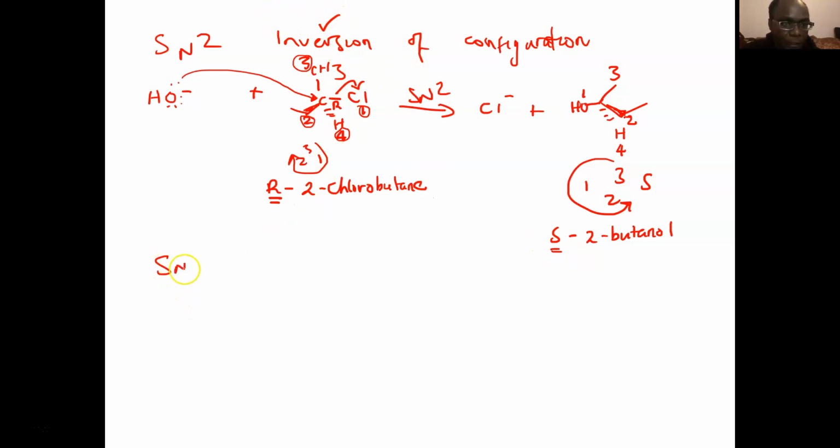Now for SN1, let's assume that I give you a nucleophile like H2O, because SN1 works with weak nucleophiles anyway, and then we are attacking the same molecule. So let's say this is our molecule.